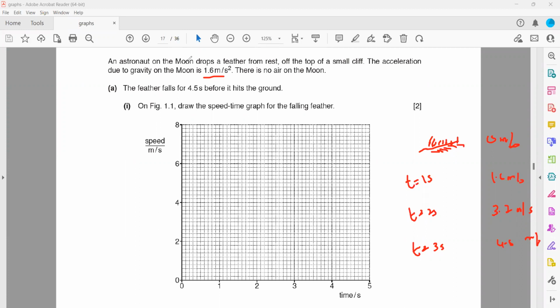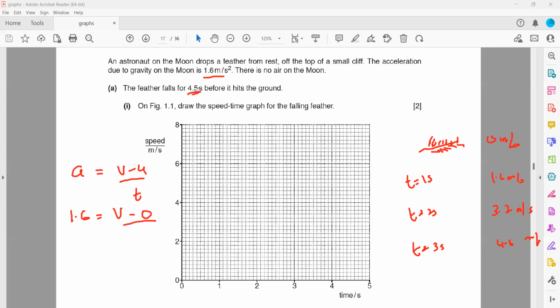On figure 1.1, draw a speed-time graph. When an object is falling without air resistance, it has a constant acceleration, so there will be a straight line. But how can we complete this graph? We can work out the speed of the feather when it hits the ground. The formula is acceleration equals change in velocity divided by time. The acceleration on the moon is 1.6. The final speed we don't know; initially it was at rest.